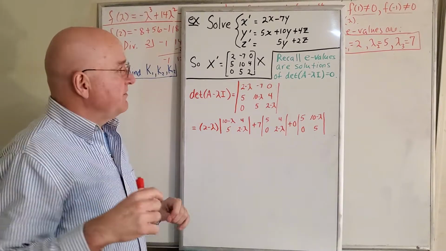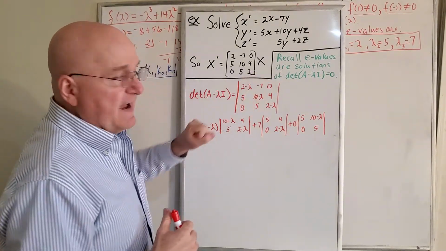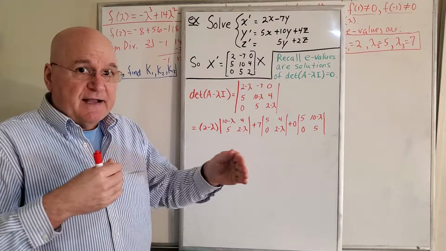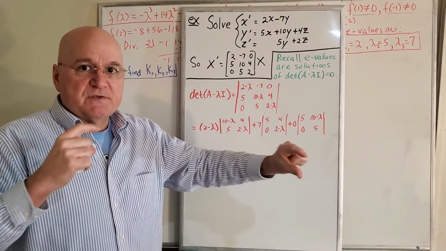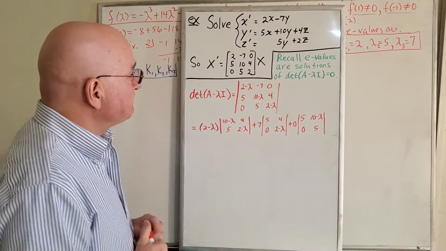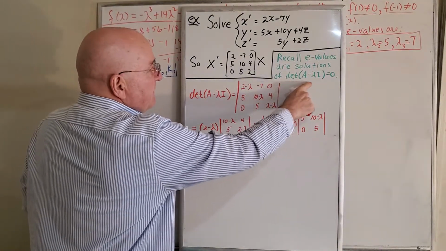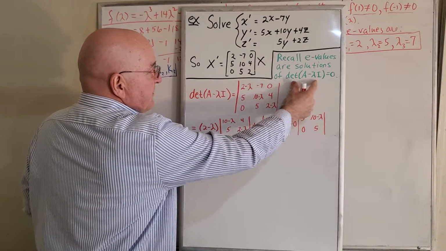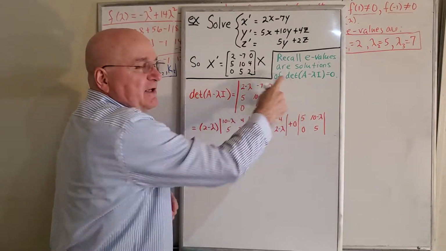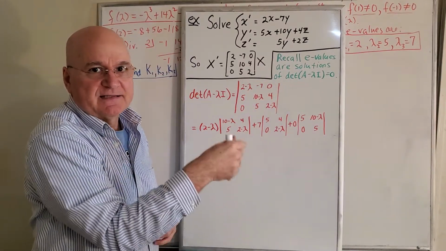Now recall from the theorem that the eigenvalues, those lambdas, are part of the solution. We need to find those, and we find them by solving this equation. I know this doesn't look much like a polynomial, but it is a polynomial, and it has lambdas in it.